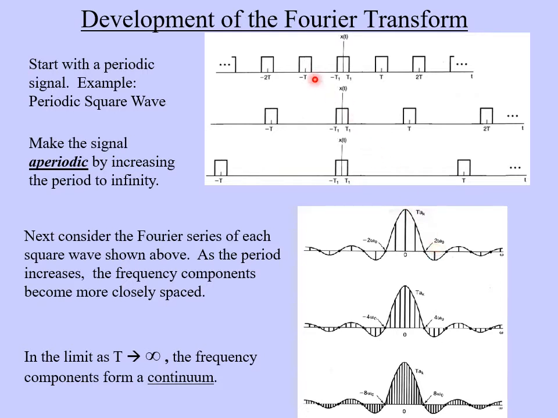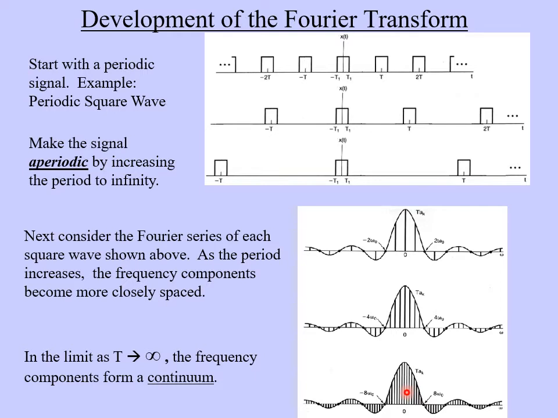Now, if we take this periodic square wave up here and separate the pulses by more time in between them, notice what happens down here in the spectrum. The frequency components become closer together. They start to crowd together. If we keep doing this, and we separate these pulses by a large amount of time relative to the small width of the pulse, then look at the frequency components down here.